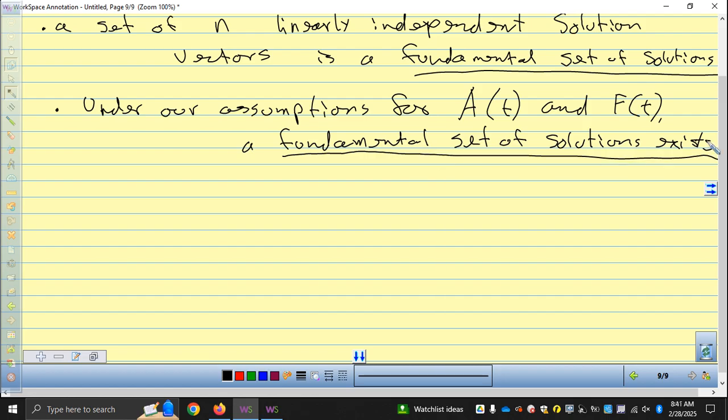So if that coefficient matrix and our function matrix contain continuous functions, then a fundamental set of solutions to our system of differential equations exists. So our job then is to find it.